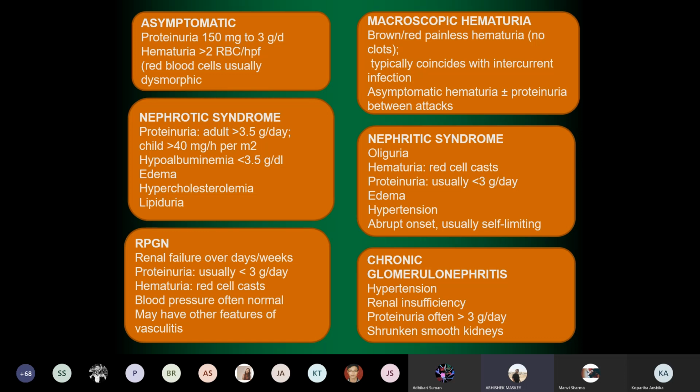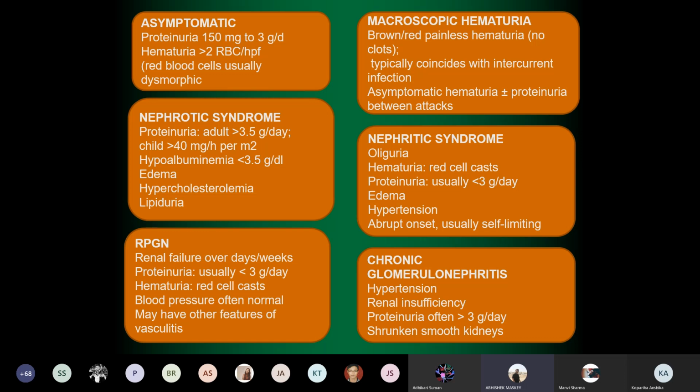These are very fatal conditions, like anti-GBM syndrome and Goodpasture syndrome. If you don't diagnose on time, they can push both kidneys into chronic kidney disease, and then you can offer only dialysis or maybe transplantation.